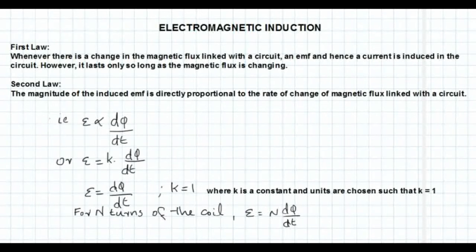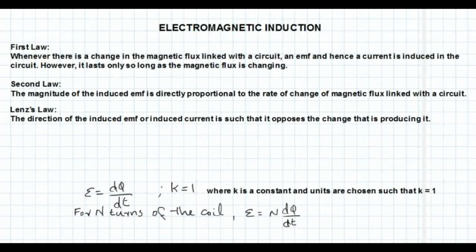The direction of this induced EMF is found to be opposing the change that produces it. That is referred to as a law called Lenz's law. So Lenz's law states that the direction of the induced EMF or induced current is such that it opposes the change that is producing it.